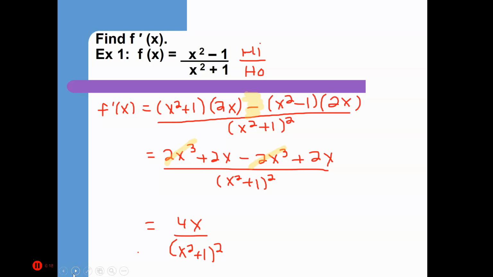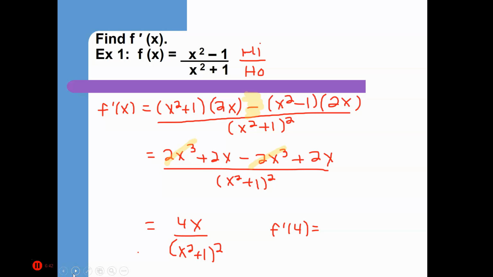So here's the thing, if I said, okay, find f prime of 4, is a FOILed denominator going to be easier than a factored denominator to plug in 4? Right, so that's why we don't FOIL it.